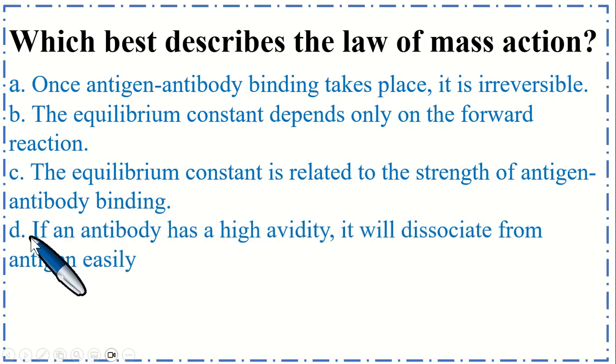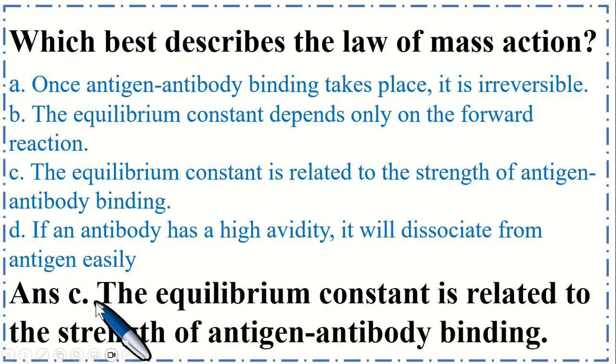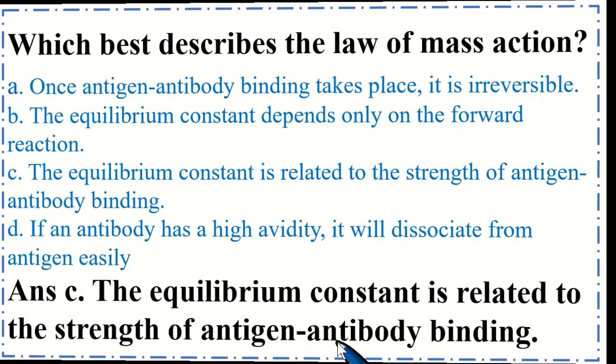And option D, if antibody has a high avidity, it will dissociate from antigen easily. So the correct option is C. The equilibrium constant is related to the strength of the antigen antibody binding.